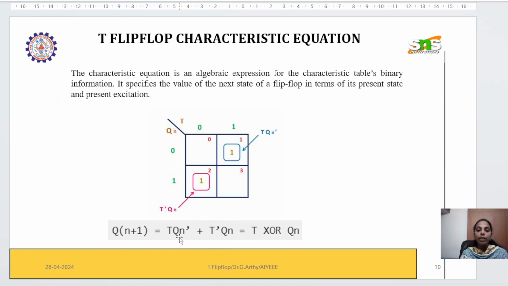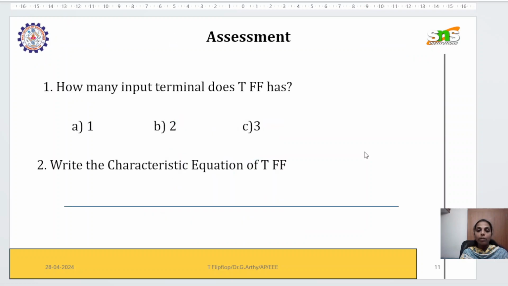If you see here, this is an XOR gate, that is, one is complemented and another one is not complemented. So T XOR Qn will be the output. This is the Boolean expression for the next state, and it can be used to draw the logic diagrams.